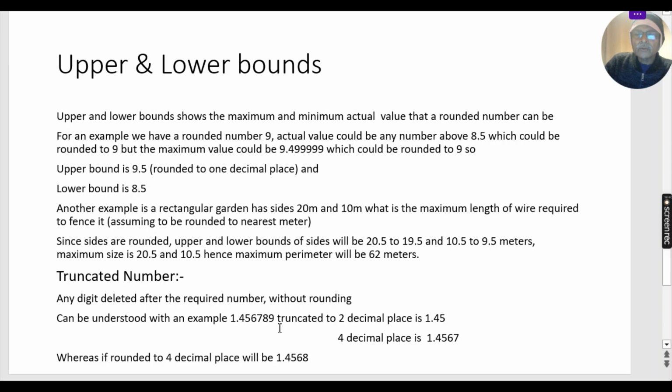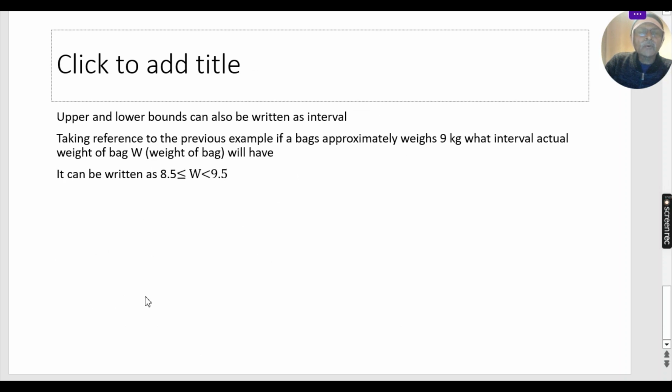But for truncated numbers we don't round off. We simply ignore the numbers after the required truncation. So my answer is 1.4567. Got it?